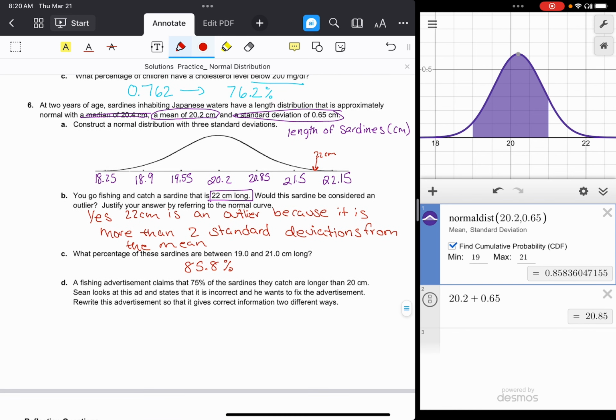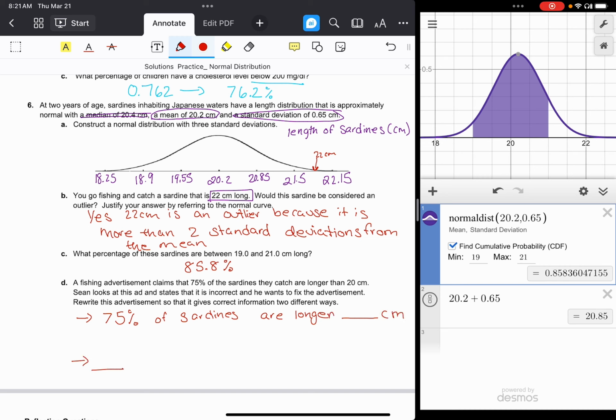All right, a fishing advertisement claims that 75% of the sardines they catch are longer than 20 centimeters. Sean looks at this ad and states it's incorrect, and he wants to fix the advertisement. Rewrite the advertisement so that it gives correct information in 2 different ways. Well, one of them is to figure out, 75% of sardines are longer, and we can figure out the length.